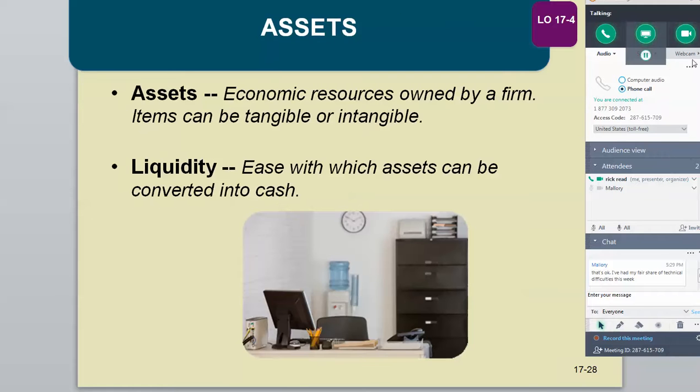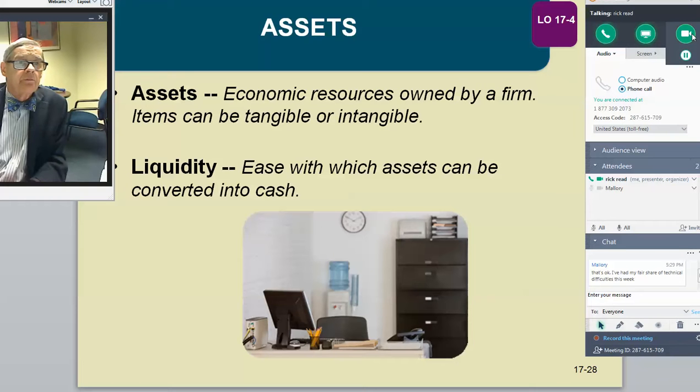We have things in there that are assets, and assets are considered to be both tangible and intangible. Tangible is something that we can identify with one of our 5 senses.